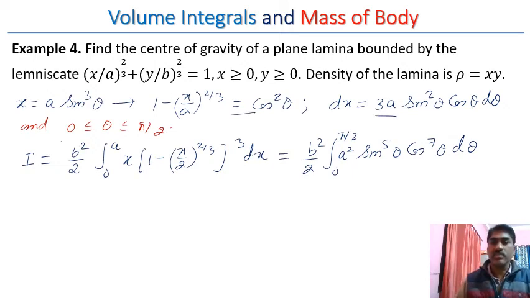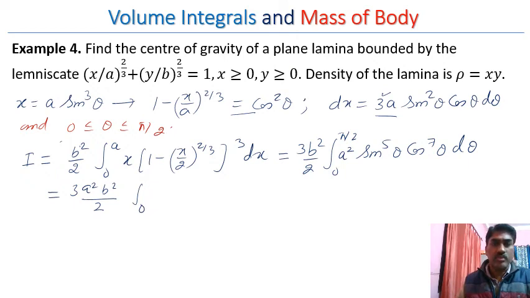This is not very easy, but you just have to collect the powers of sin theta and cos theta. We have already used this formula in previous questions. So we get a squared b squared by 2, and due to dx, a 3 will be there, so 3a squared b squared by 2 times the integral from 0 to pi by 2.